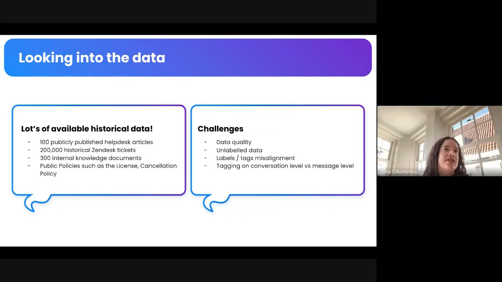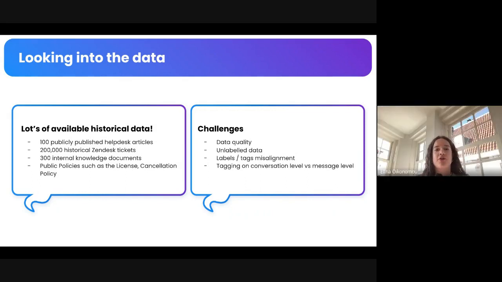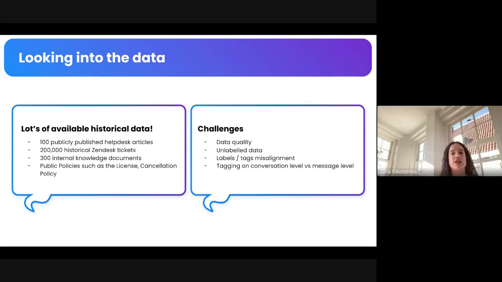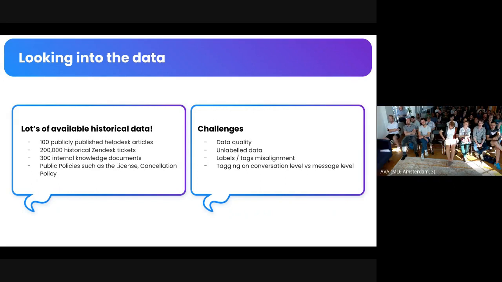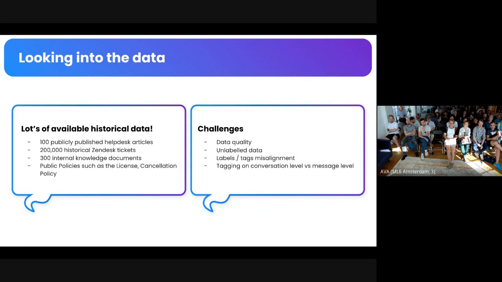However, we quickly realized that it might not be very sustainable to use them, as we had quite a few challenges there. First of all, data quality was a big one. For instance, we have historical tickets, but we don't know if all of them were good replies from the agents, or if the information is up to date, because we have tickets from 2 years ago, and maybe the information is not useful anymore.